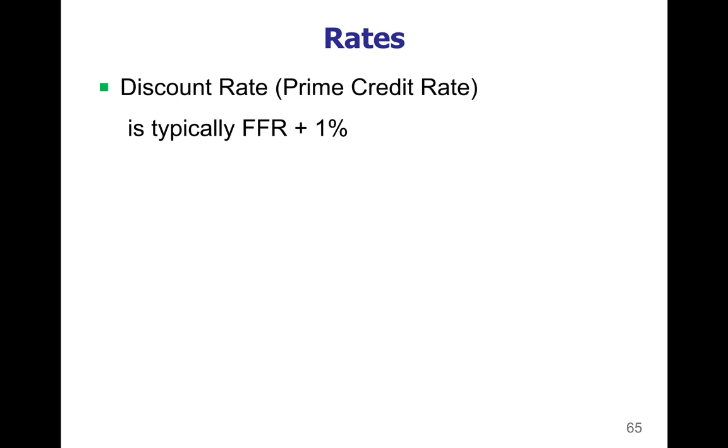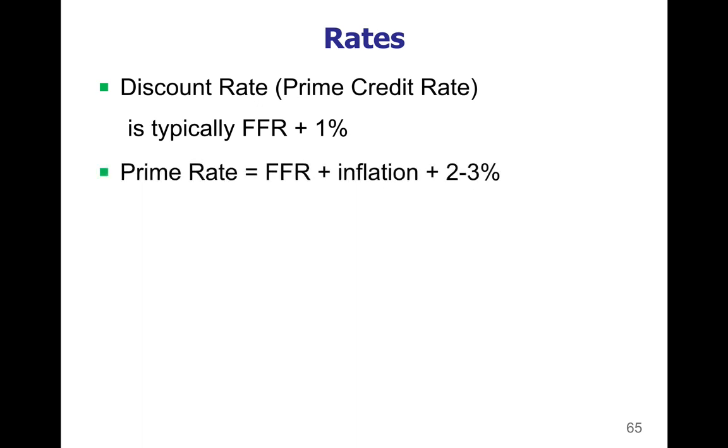It is typically the federal funds rate plus 1%, so it's a little bit more expensive. Remember, the federal funds rate is the rate that banks borrow from other banks. Now, you need to keep these two rates separate, and the titles of them are the opposite of what you'd think they were. Federal funds rate is bank to bank. Discount rate is bank to Fed.